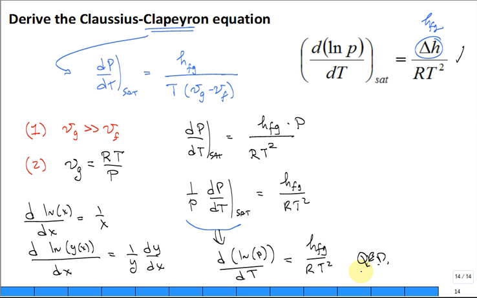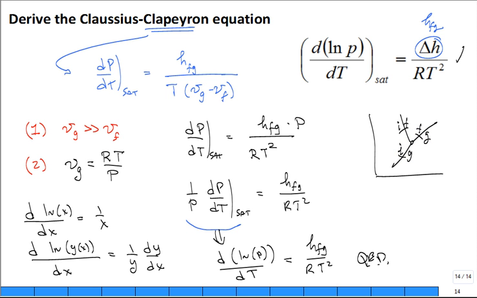Now you can write this. I put it for going from liquid to vapor, H_FG, but you don't have to. It works on any of those phase change regions: from F to G, from I to G, and from I to F. It works on any of those three.